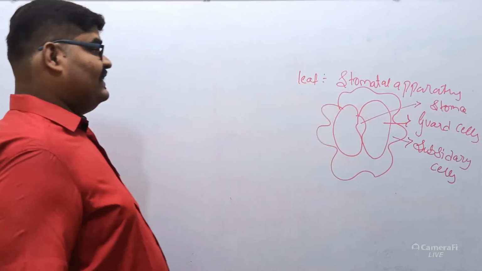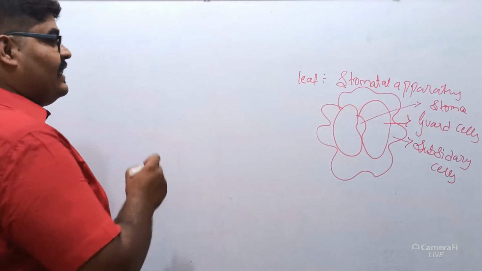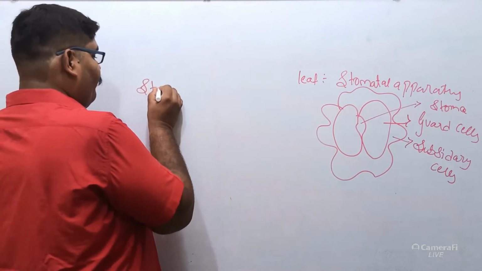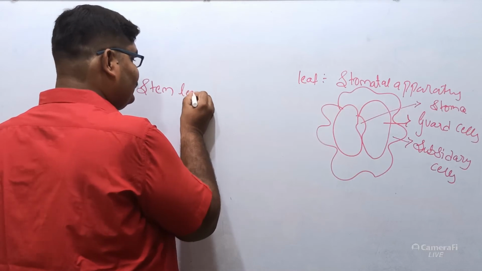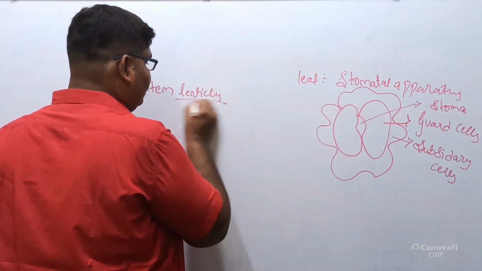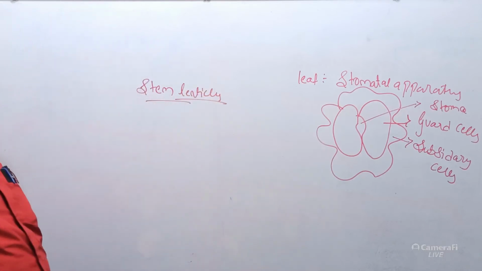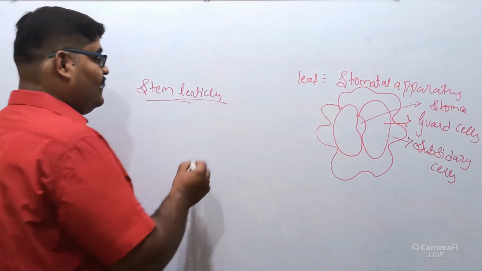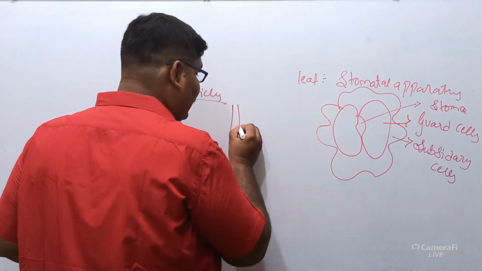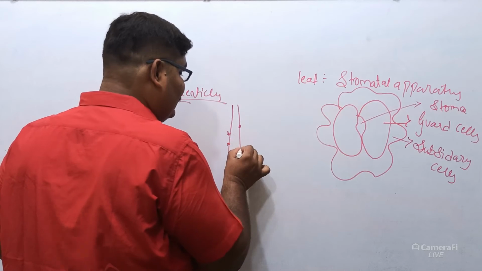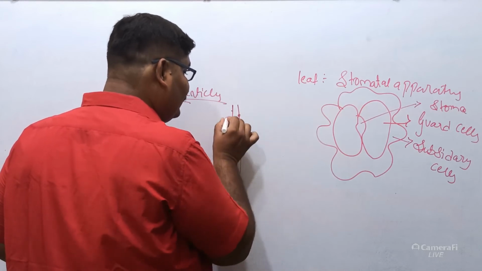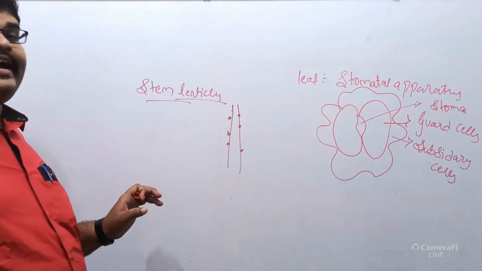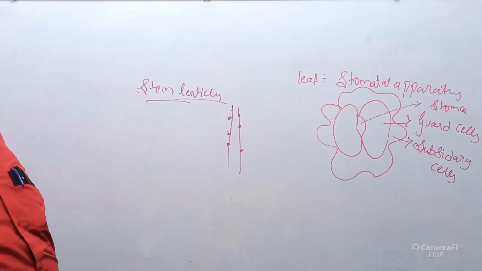What about the stem? In stem we are having lenticels. The stem has a set of dead cells, and there we have node-like structures, and those are called lenticels, and these lenticels provide space for exchange of gas.